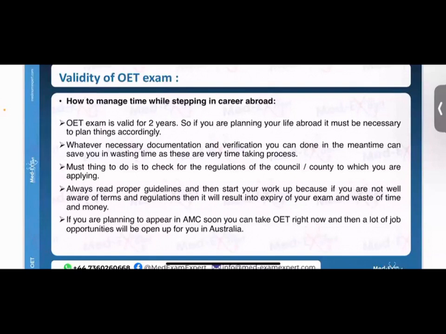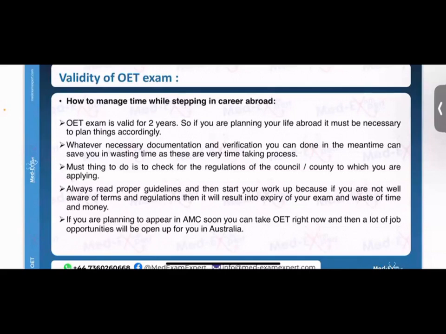Whatever necessary documentation and verification you can do in the meantime can save you from wasting time, as these are very time taking processes. So the must-do thing is to check the regulations of the council and country to which you are applying. This is the very first and basic thing to do.